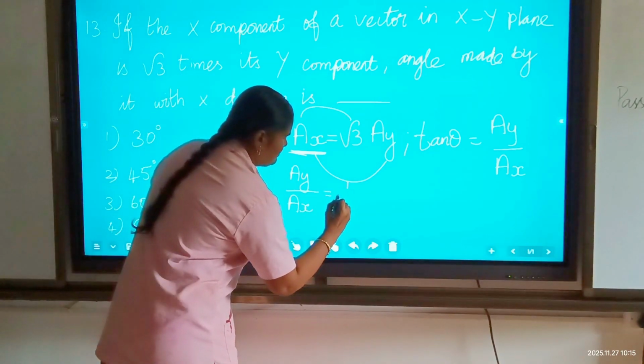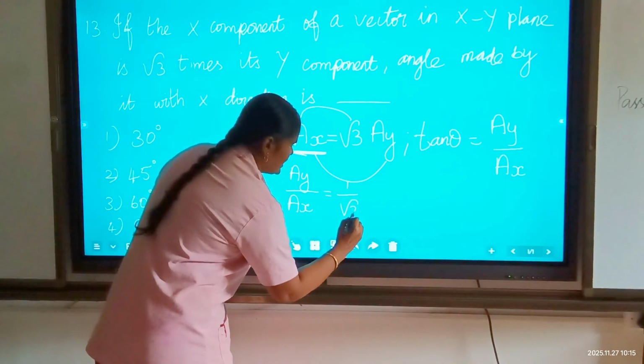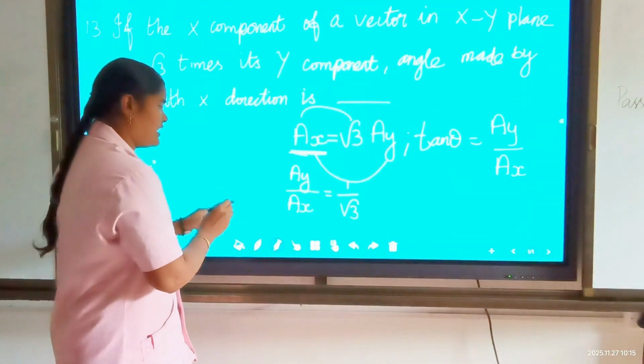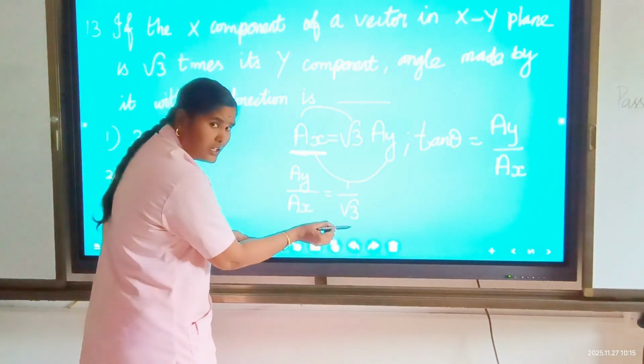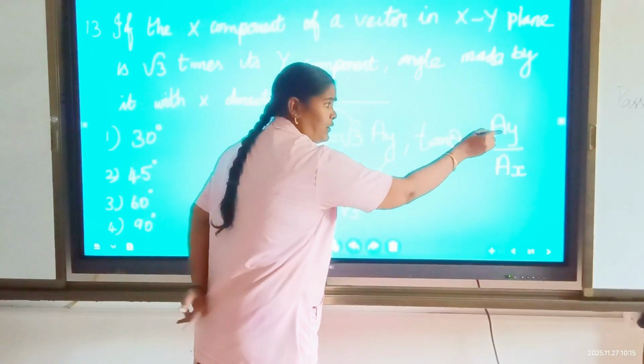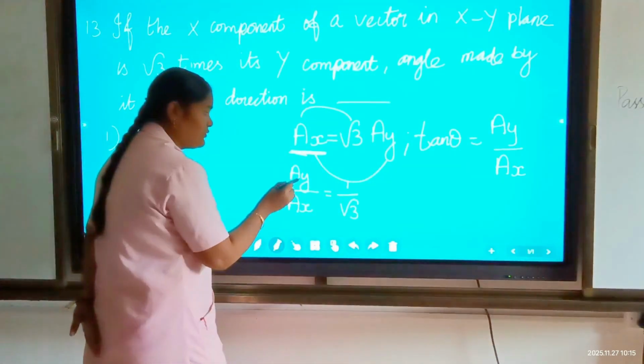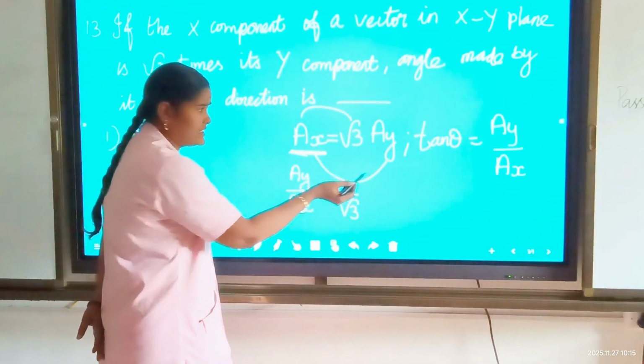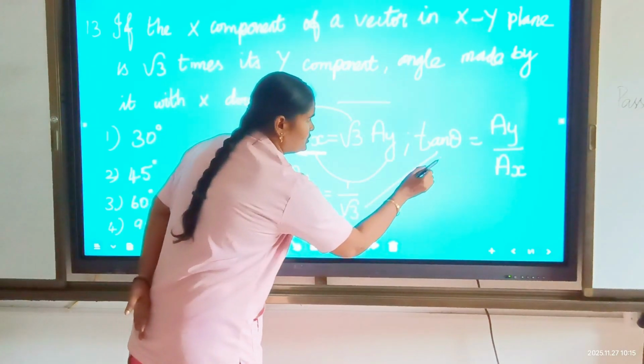Now it will become 1 by root 3. And see here, this 1 by root 3 is also AY by AX. Tan theta is also AY by AX. So if these two sides are equal, these two are also equal, no?